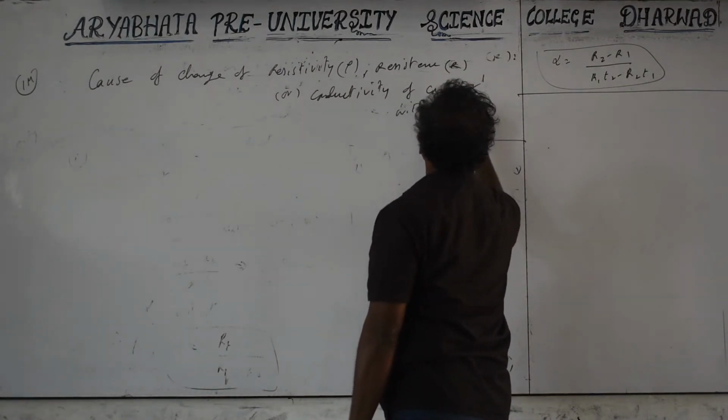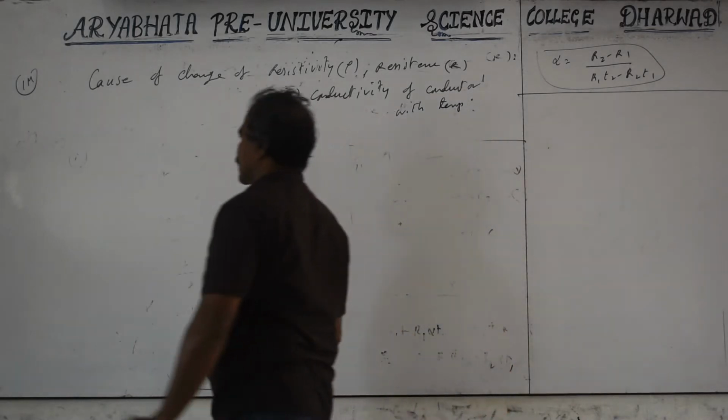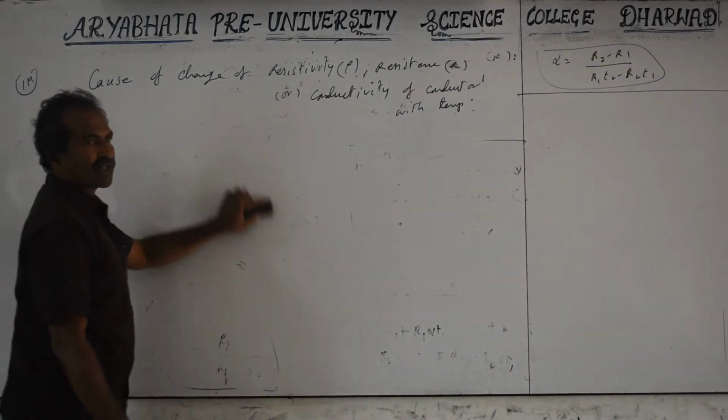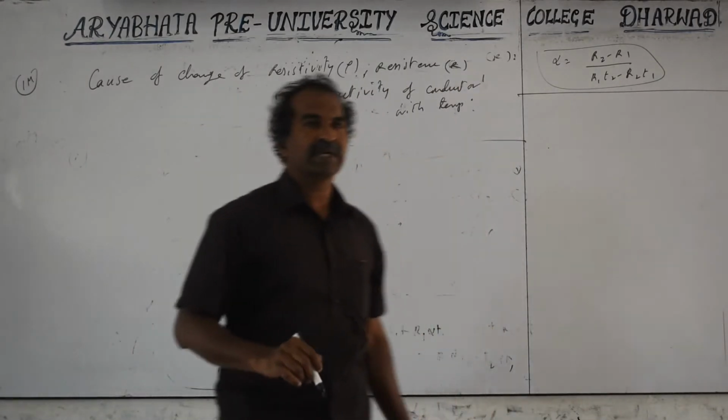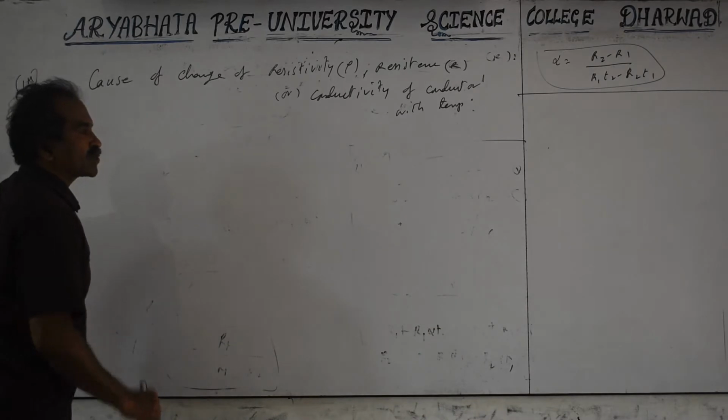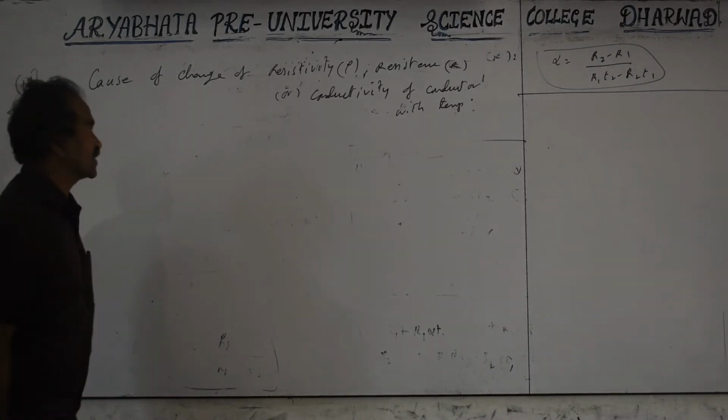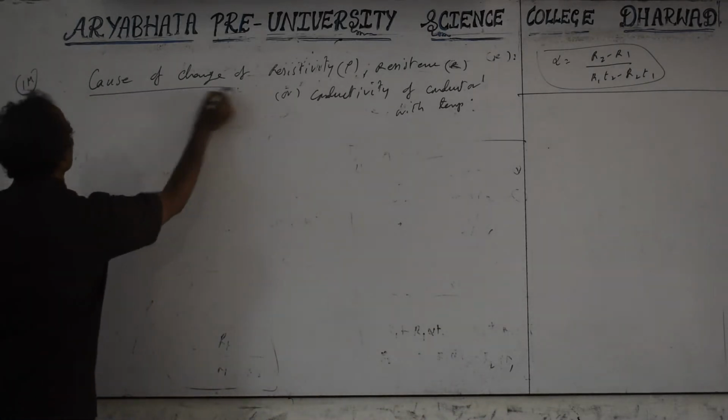With the temperature, the reason is collisions of the electrons with the vibrating atoms. Resistance appears because of the collision of the electrons with the vibrating atoms. We already discussed the microscopic formula of the conductivity and resistivity. From that we get the other relations.